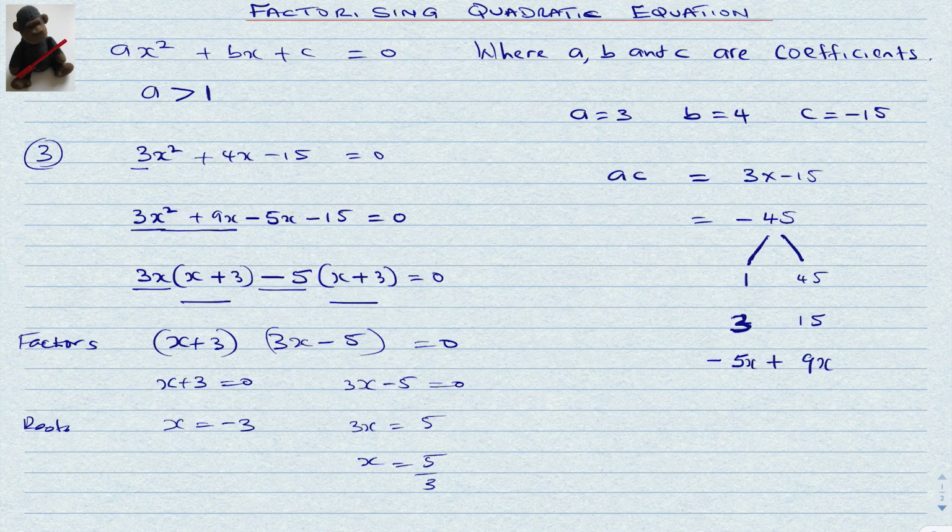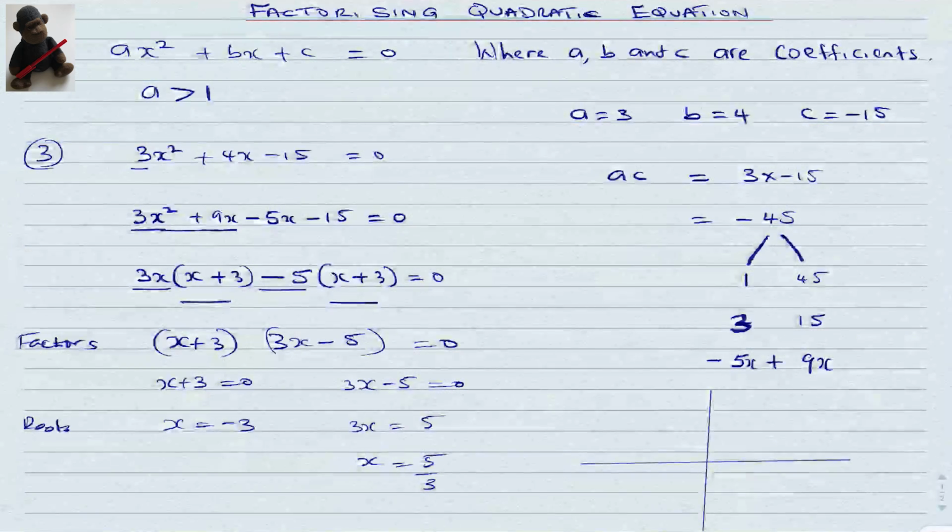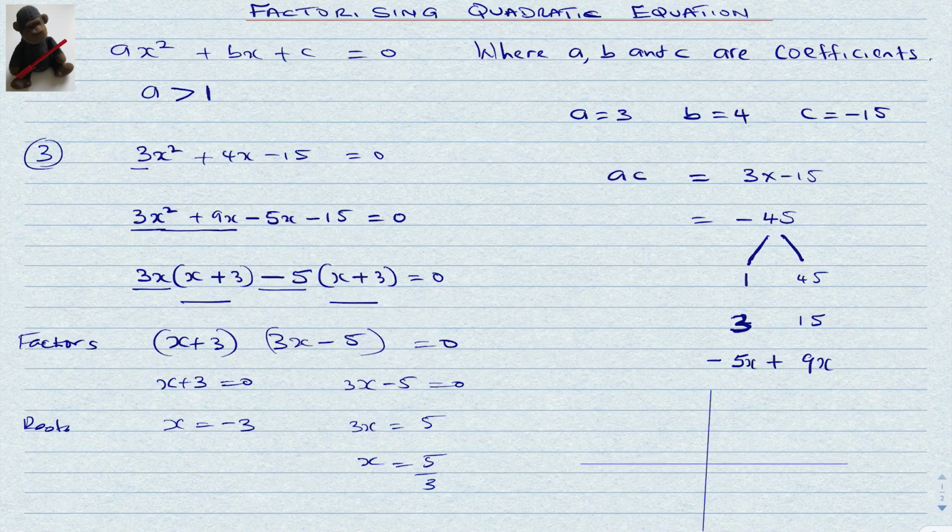We could sketch this again if we are told to sketch. We know where the roots are. Minus 3 around here, and that's 0, and this is plus 5 over 3.